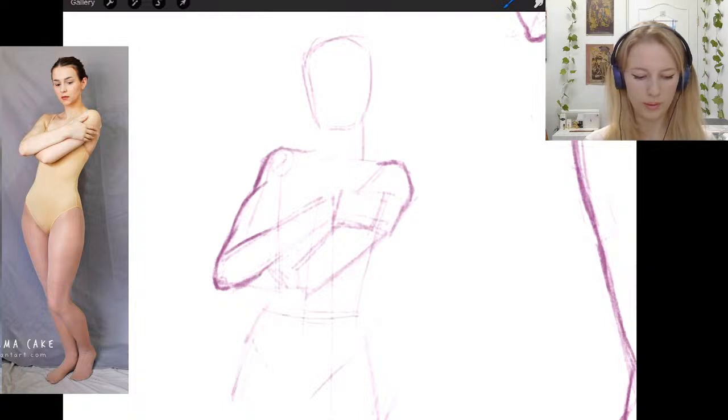And here we can see a really interesting way how two volumes interact with each other.